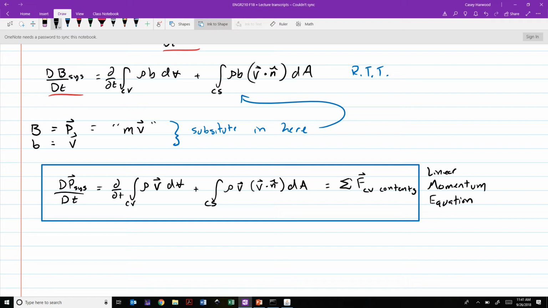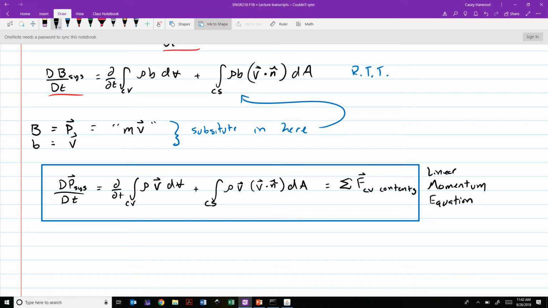The second part that gets people kind of confused is the fact that you've got this V term over here and this V dot n, and people mix up their V's. This is velocity and this is velocity, of course, but think about it in different ways. Before, this was a little b quantity. This velocity here represents the amount of something per unit mass.